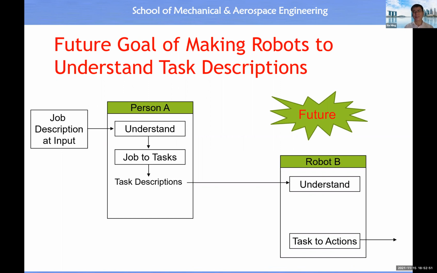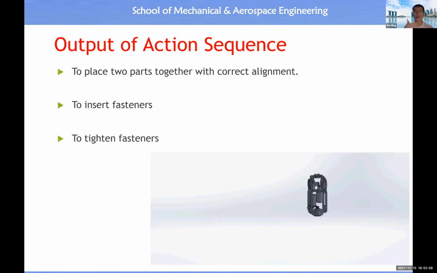In robotics research with regard to action planning, if we leverage human intervention to help a robot do action planning, then there's no issue because we can leverage human intelligence.